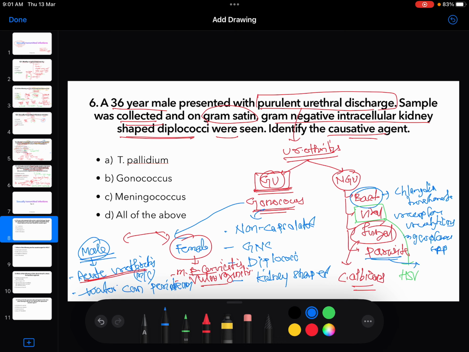Then what is the difference between gonococcal urethritis and non-gonococcal urethritis?